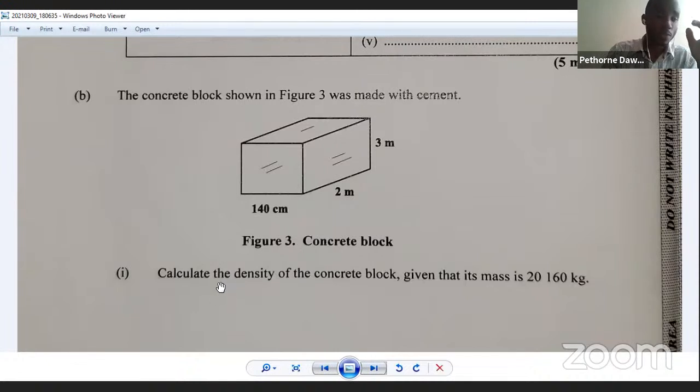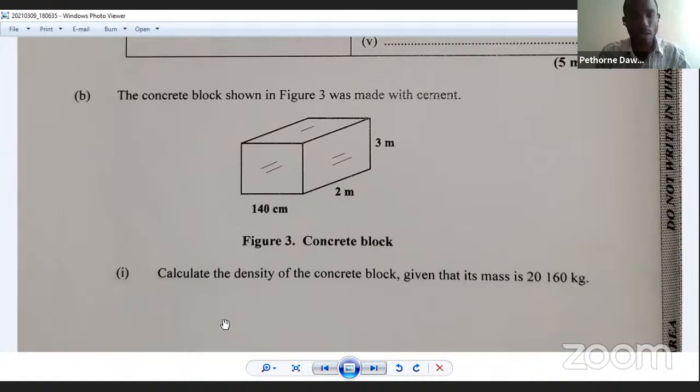If you're moving from a smaller unit, because centimeter is smaller than meter, to a larger unit, you divide. And if you're moving from a larger unit to a smaller, you multiply. All right, so the 100 is correct, but it's not multiply, it is actually divide. And just remember the rules. Small to large, divide, large to small, multiply. So we divide 140 by 100, which gives us 1.4.